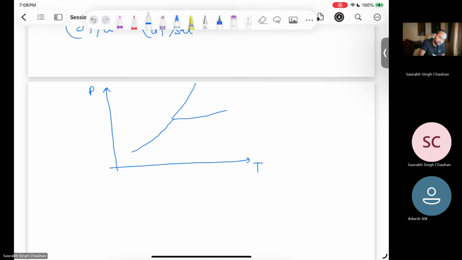This is our vaporization, and this is sublimation. Here this is solid, this is vapor, so this will be sublimation. And this is solid, this is liquid, so it should be melting.